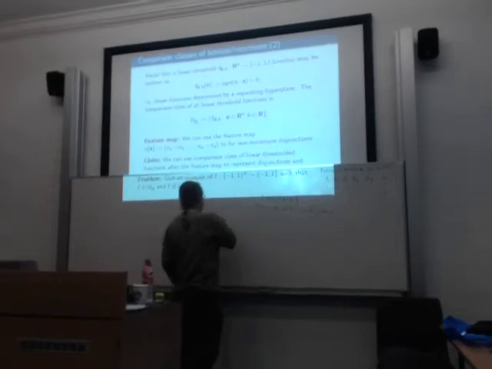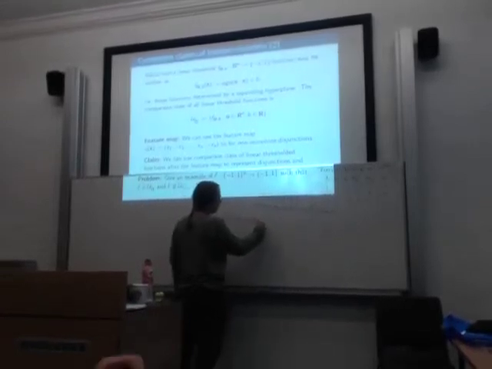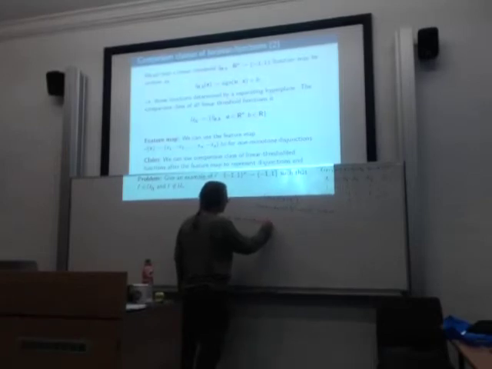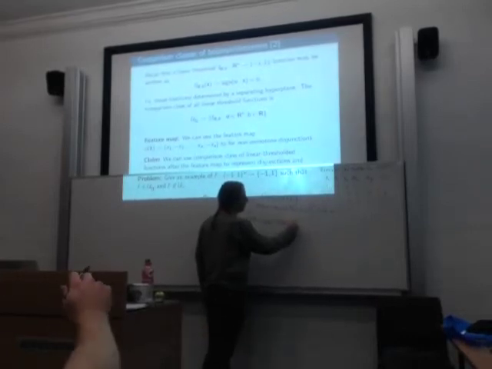So u will be a vector. So u dot x is going to be equal to u1 times x1 plus u2 times x2 plus u3 times x3 plus u4 times x4 plus u5 times x5.